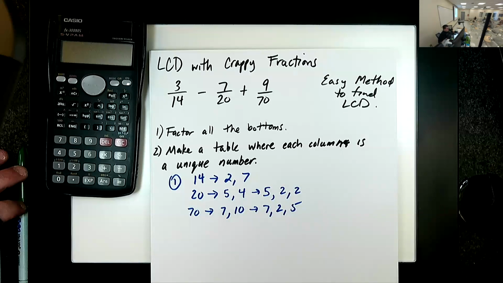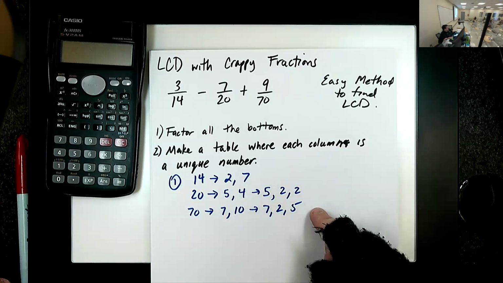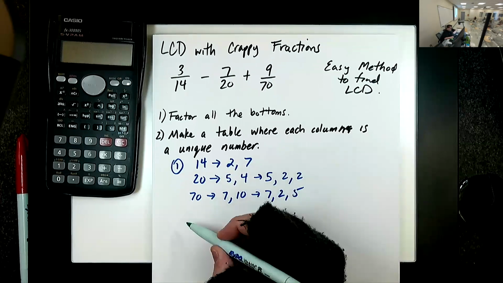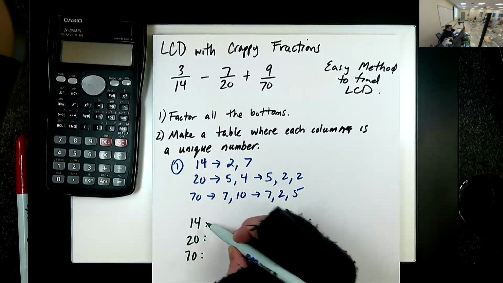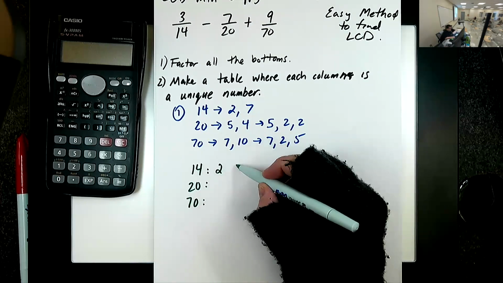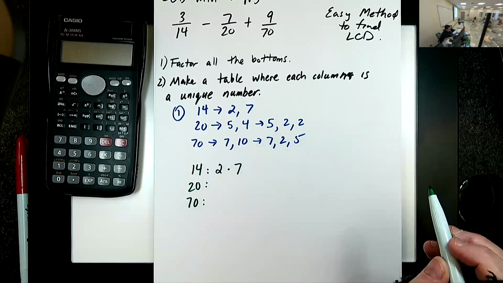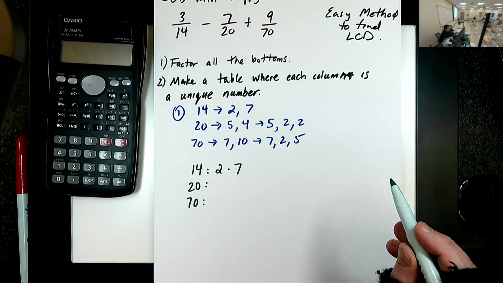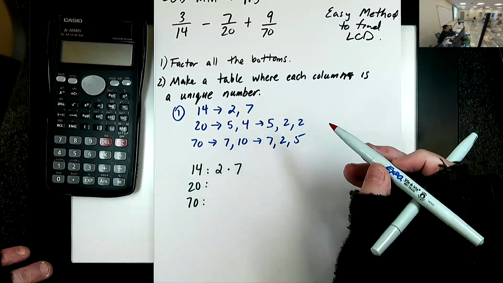All right, so when I make my table, and generally I skip step 1 and go straight into the table, but I think it's helpful to see it first this way, just writing out what they are. I'm going to make a little table where my rows are each of the denominators. And I will write the factors for 14, and I will use a column each. 20 is 5 times 2 times 2.